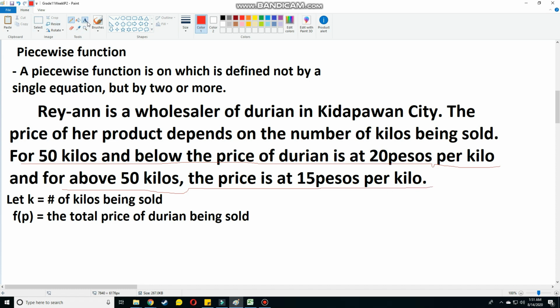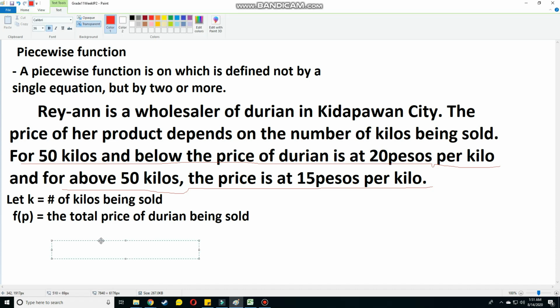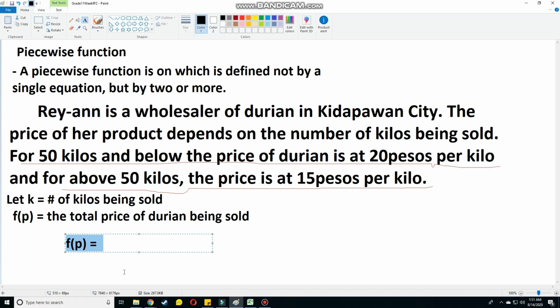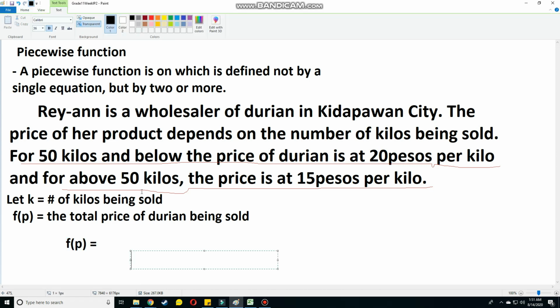So therefore, we could say that F of P is equal to, we would have two functions. Okay, so let's have this one, this side. So F of P would have two functions.